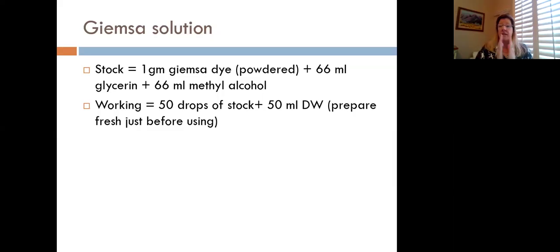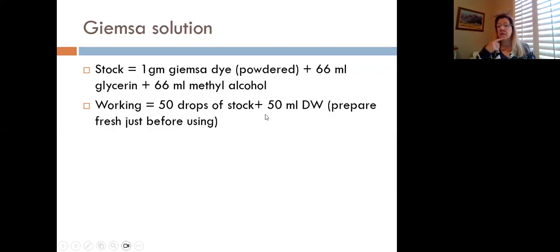It just depends on that particular dye that we're using. So in this instance, your working Giemsa solution has to be made fresh.